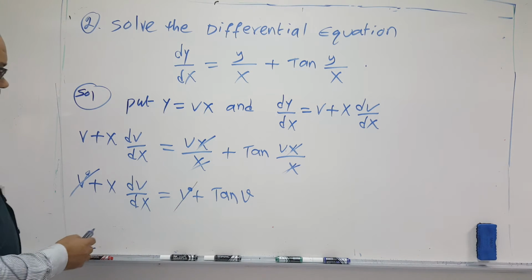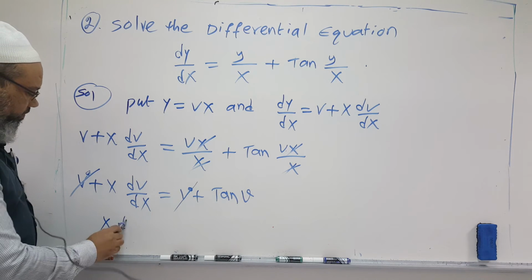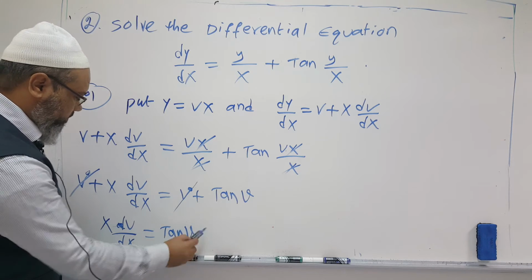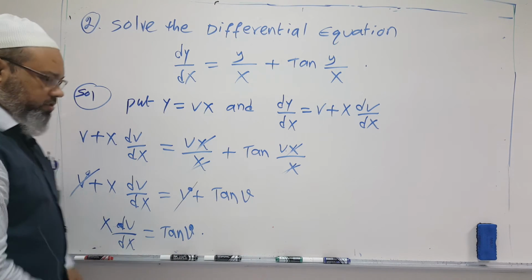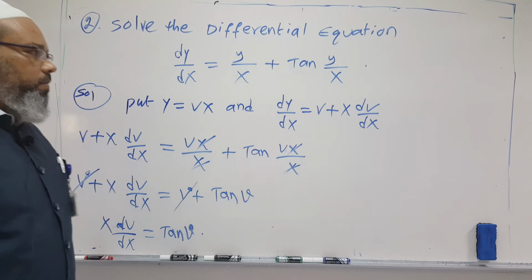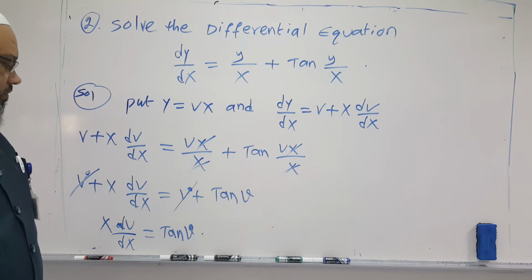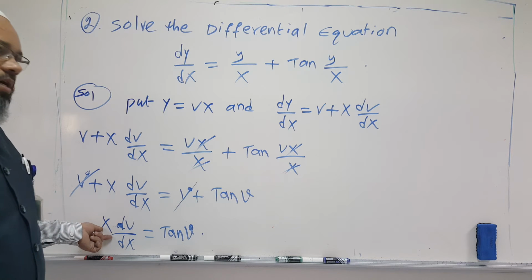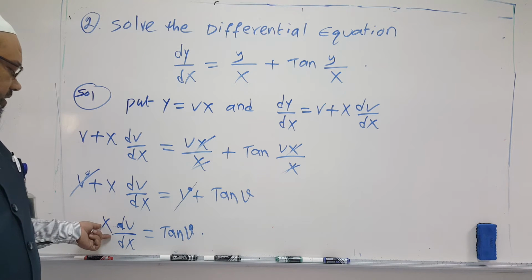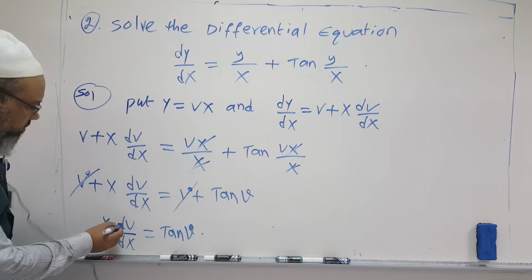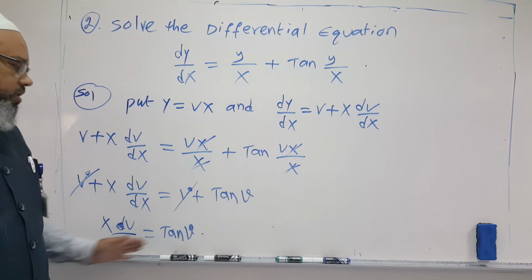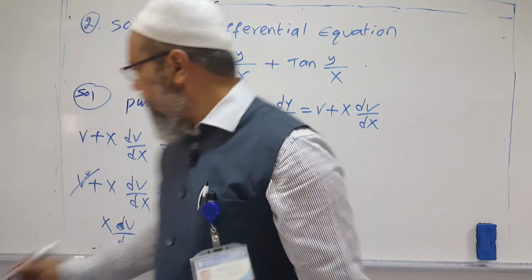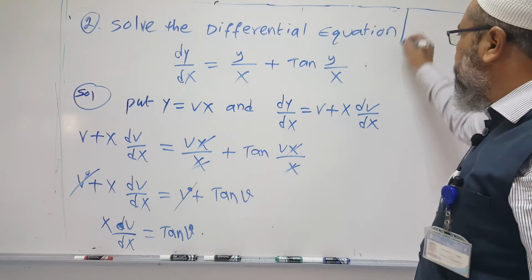The remaining terms are like this. And now if you see, we can change this into a separable differential equation. Here dv is there, but x is not matching, because we need only a function of v with dv. Any derivative should be in the numerator, so send the other to the other side.